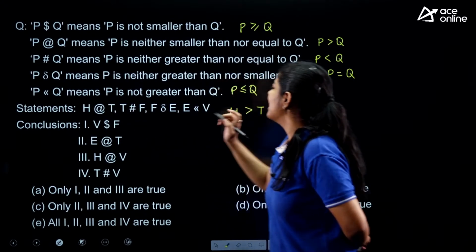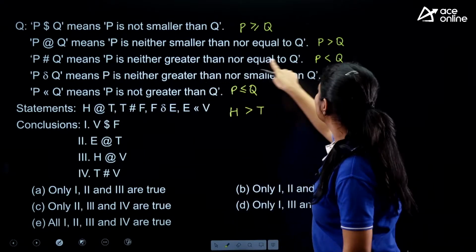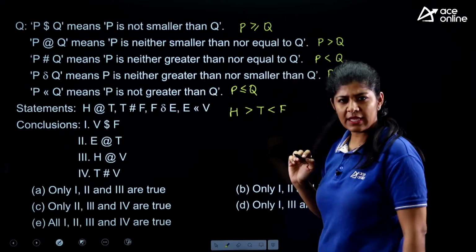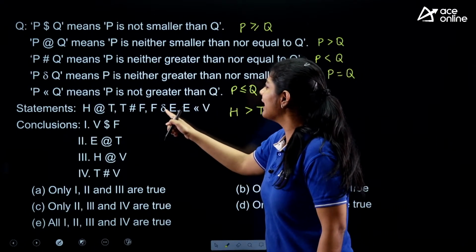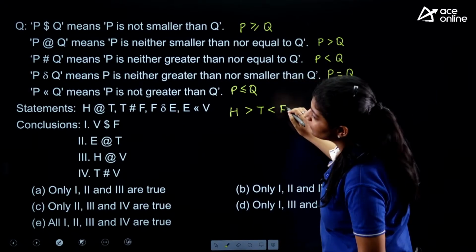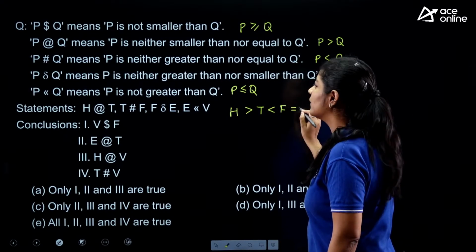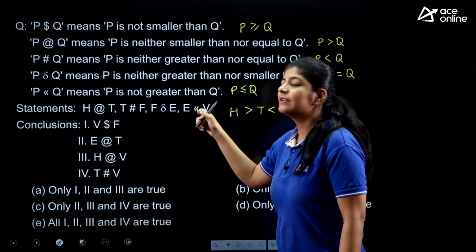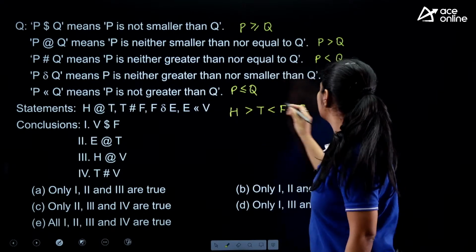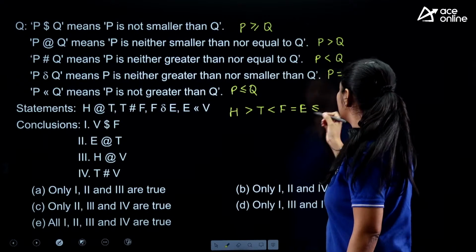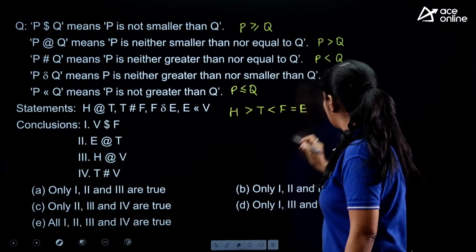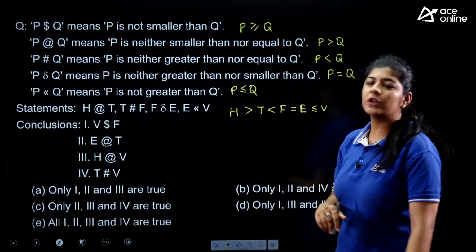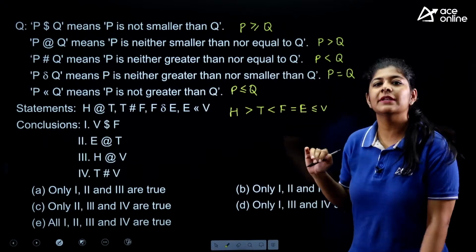Next, T#F, where we have hash here, T is less than F. Next we have this gamma symbol, that means equal to, F is equal to E, right? Next, E with this symbol and V, that means E is smaller than or equal to V. This is the statement that we are having.